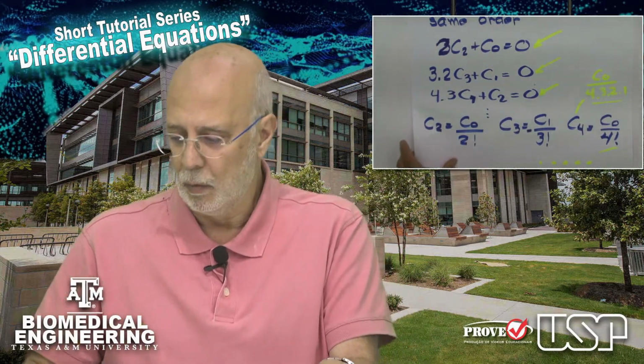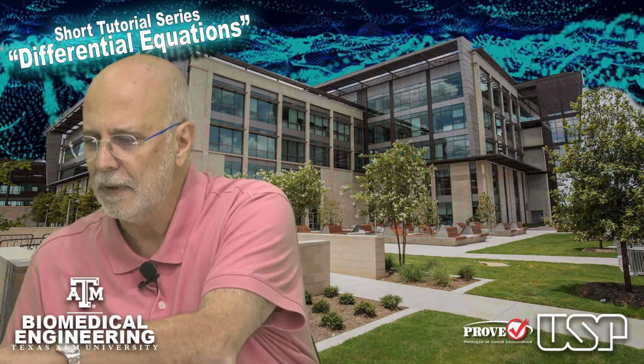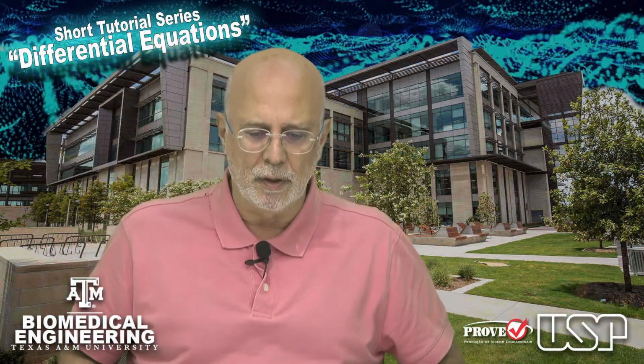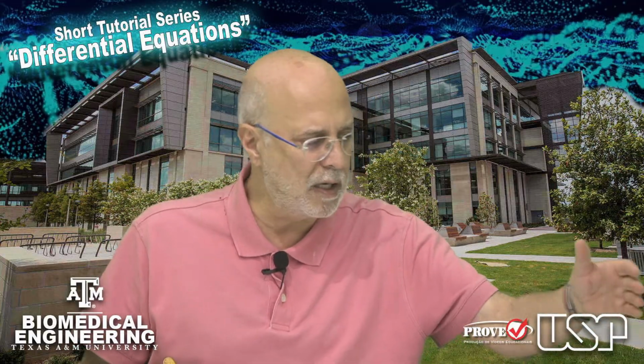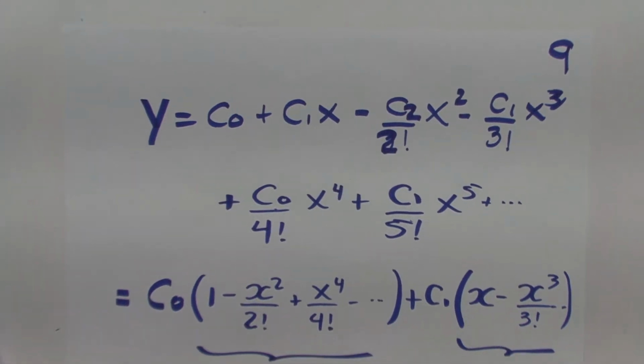And what's interesting is when I put everything together, I get a solution. Here you're going to see that c0 is going to determine the even terms, and c1 is going to determine the odd terms.